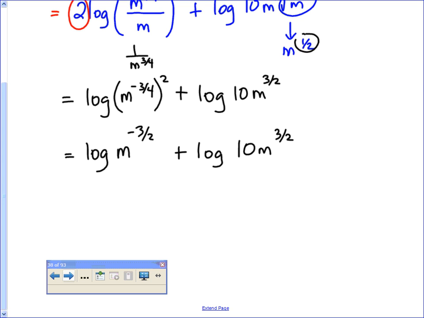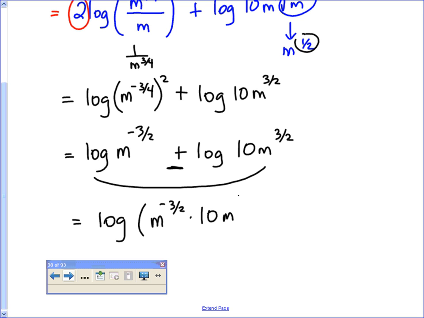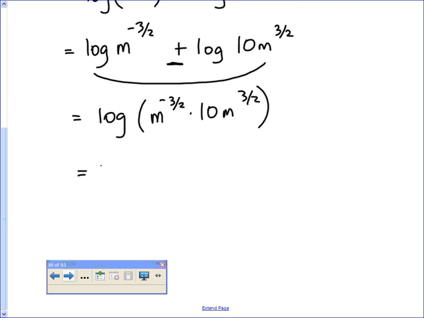Okay, so now that I've got it simplified there, since I have addition of 2 logarithms, I can put it together as a single logarithm, and I'm multiplying those two, m to the negative 3 over 2 times 10m to the positive 3 over 2. Okay, and when I simplify that, since I'm just multiplying, I add my exponents for these two, and I get an m to the 0 power.